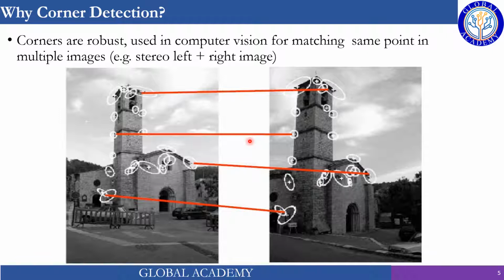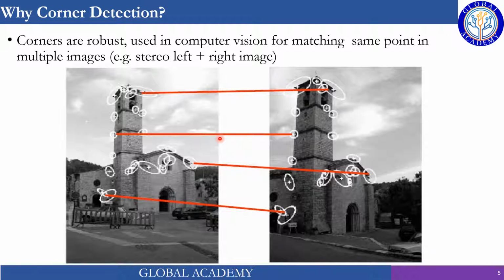The brute force method would be matching the whole image, but that is not an efficient and robust way, because objects can translate in images, and objects can get scaled. One image is taken at some distance and the other image is taken at some other distance, so objects get scaled and translated and even rotated. So we need a robust method so that we can match images and detect objects.